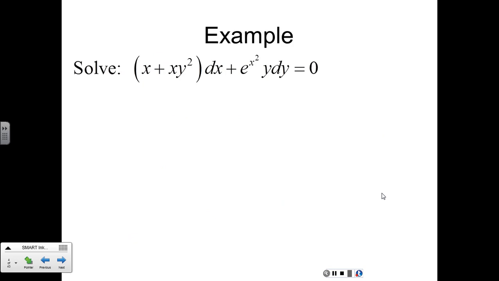And of course, they just get more and more complicated. This is just an algebra nightmare is all.